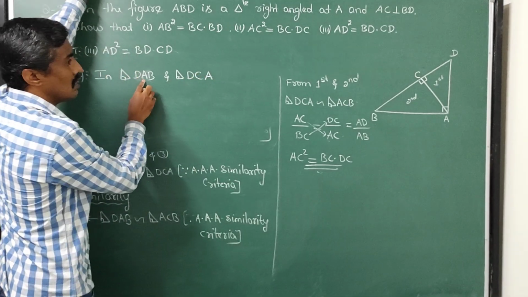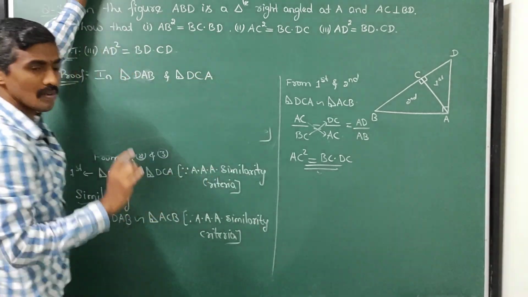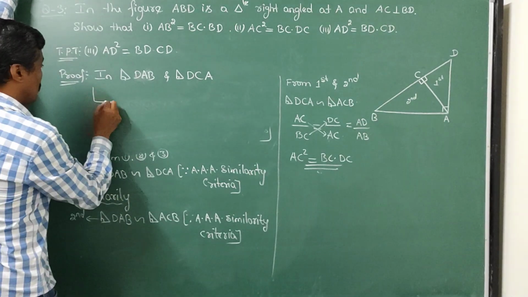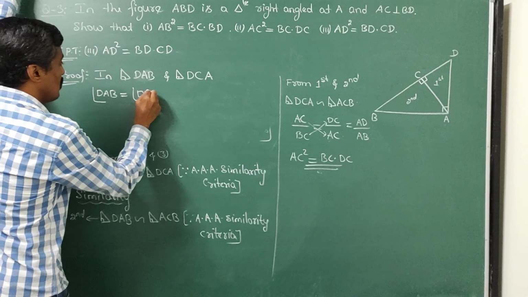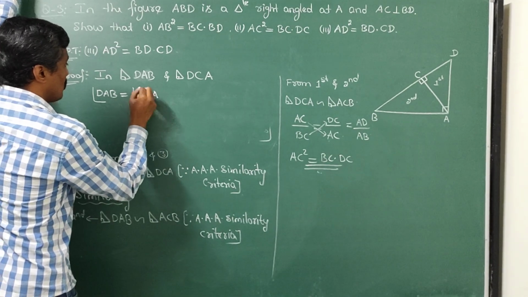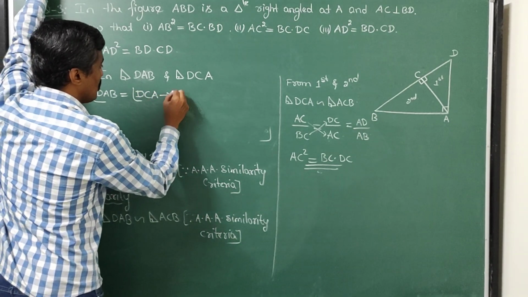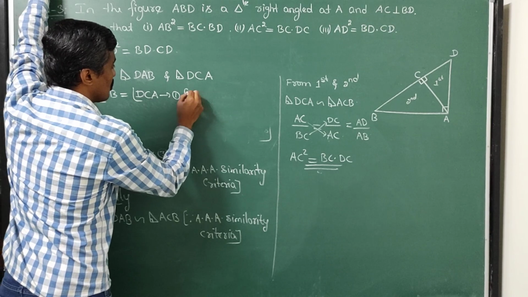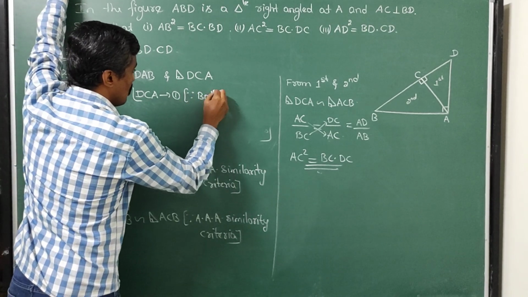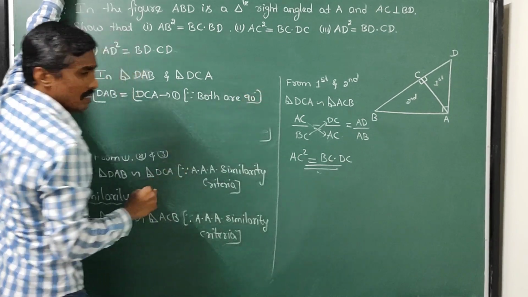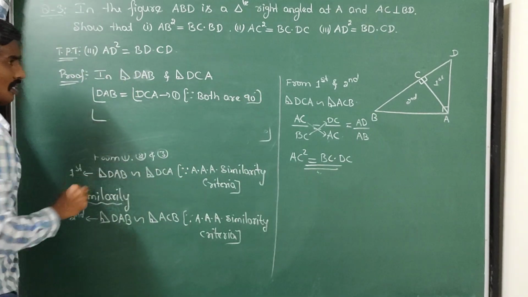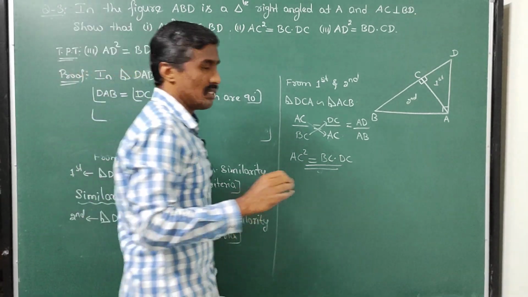So A is 90 degrees, C is 90 degrees. Okay, so give the reason. First part: angle DAB is equal to angle DCA. Number 1, because both angles are 90 degrees. Then any common angle? Yes, which is the common angle?